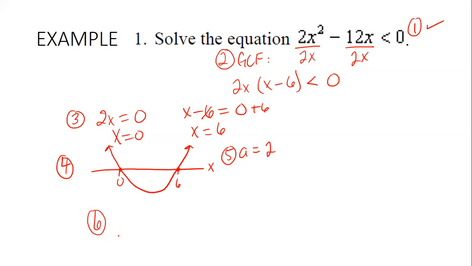For this, we're looking for when it is less than 0. Less than 0 means when are you below the x-axis? So I'm going to grab my highlighter, and it's below the x-axis from here to here. And it's continuous, right? So therefore my answer would be it is below the x-axis from 0 to 6.